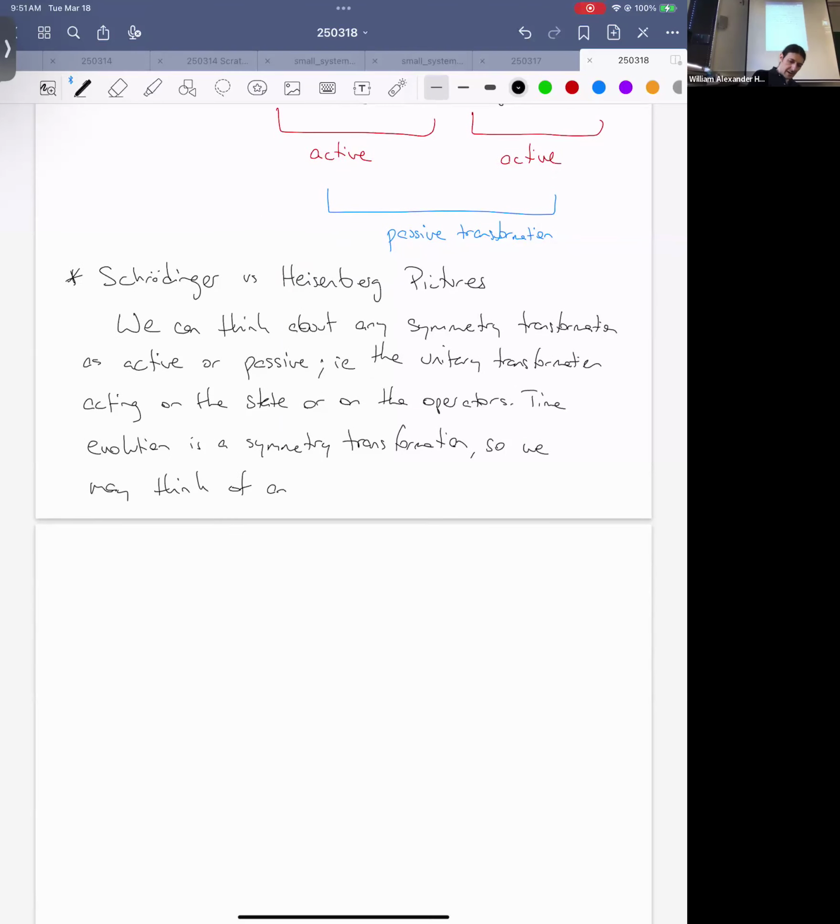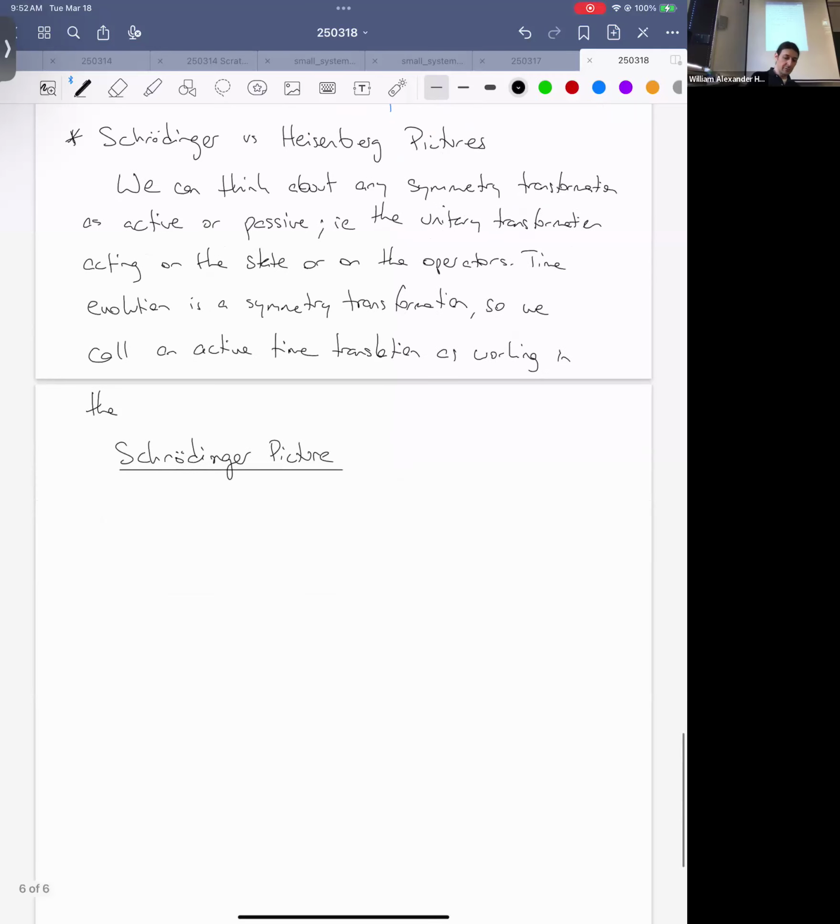So we think of an active transformation. So I guess we call an active time translation that's working in the Schrödinger picture. And this is what you've been doing all your quantum mechanical lives.